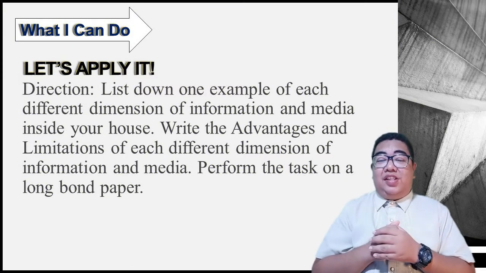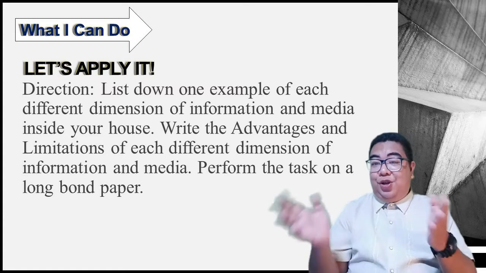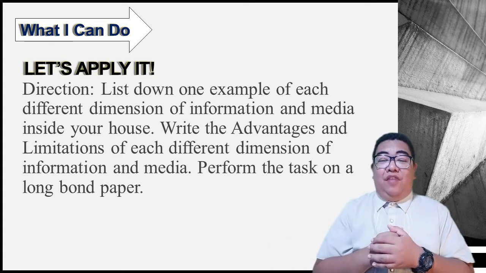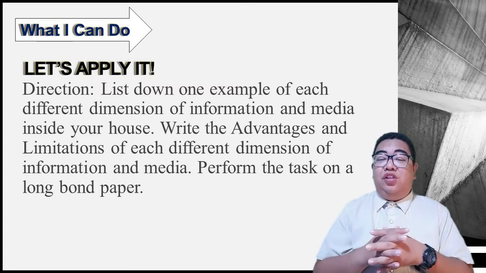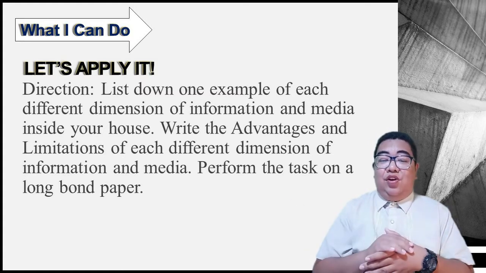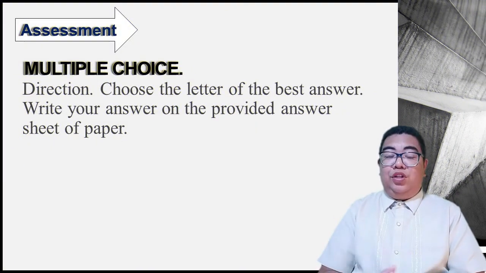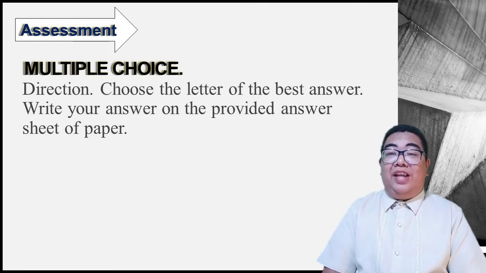List down one example of each different dimension of information and media inside your house, then write the advantage and limitation of each different dimension of information and media. Perform the task on a long bond paper. Pause this video to answer this activity. And for your virtual quiz, choose the letter of the best answer on every slide and write your answer on the provided answer sheet.